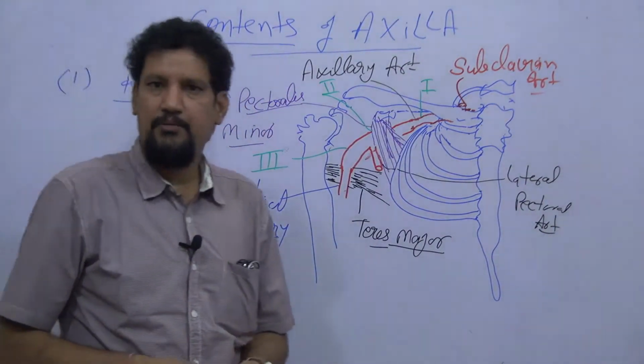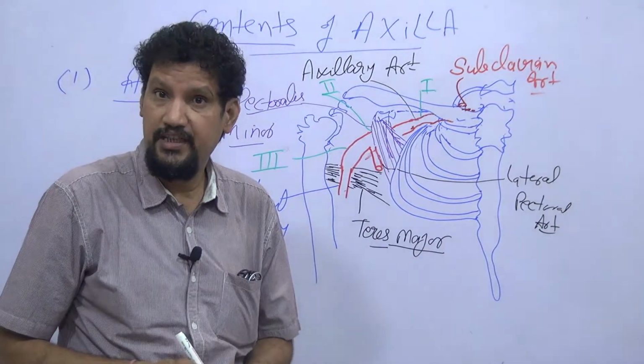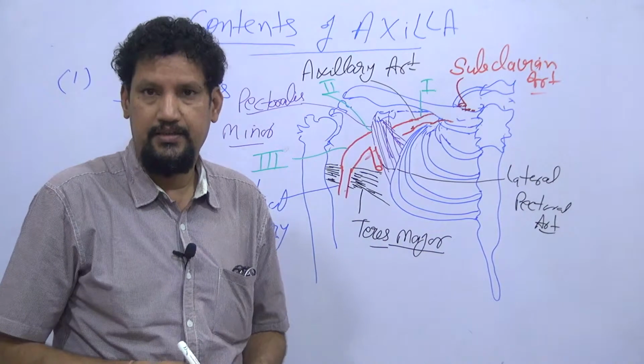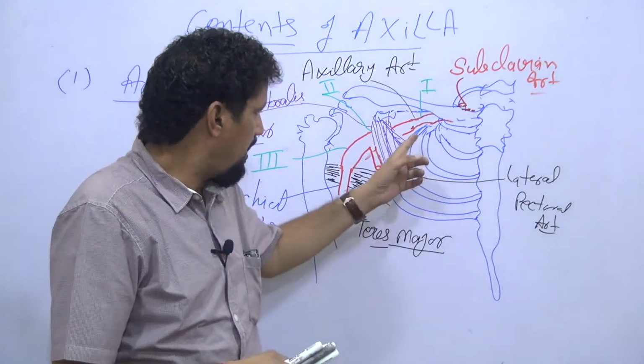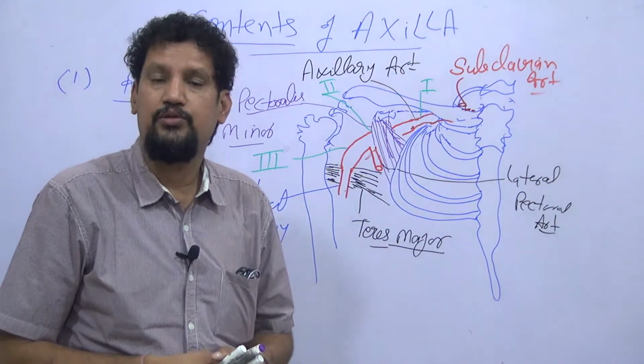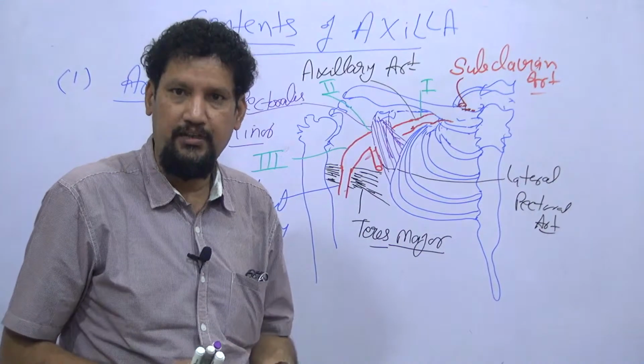If you can remember my last lecture, one more branch from the second part of the axillary artery, the acromiothoracic artery or acromiothoracic trunk or thoracoacromial, both are equal.